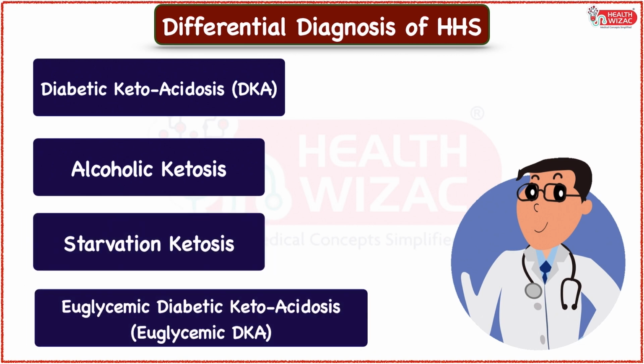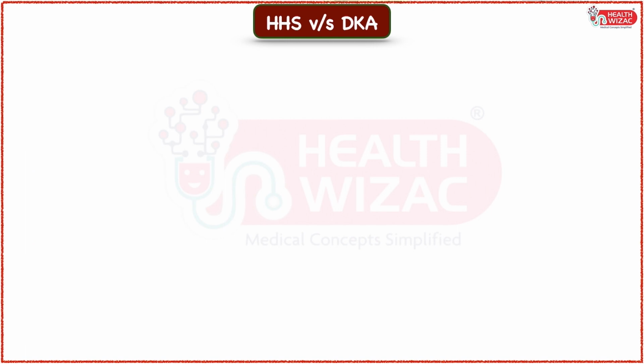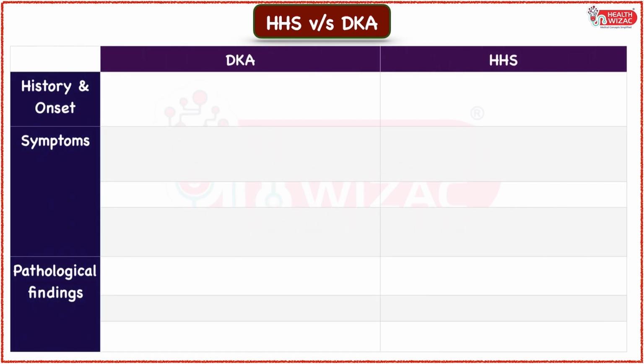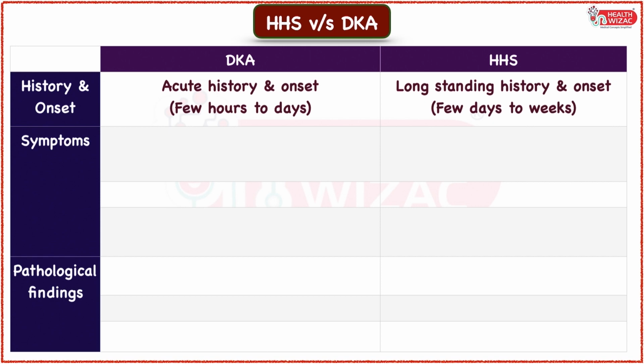Now, let's have a look at the difference between diabetic ketoacidosis, that is DKA, and hyperglycemic hyperosmolar state, that is HHS. It could be broadly classified under three categories of history and onset, symptoms, and pathological findings. DKA usually presents with acute history and onset, whereas HHS usually present with long-standing history and onset.